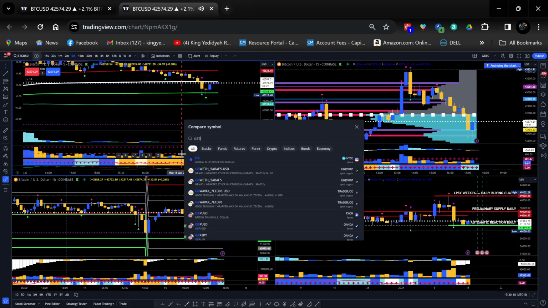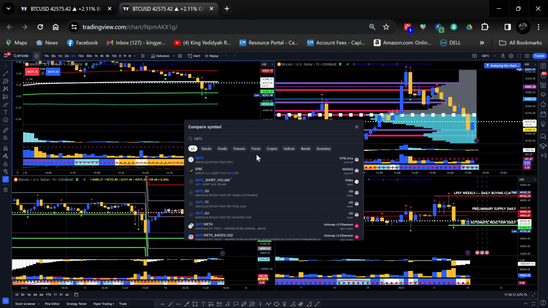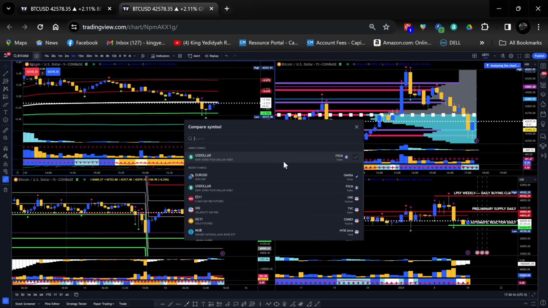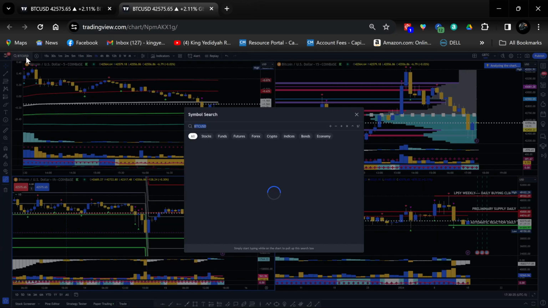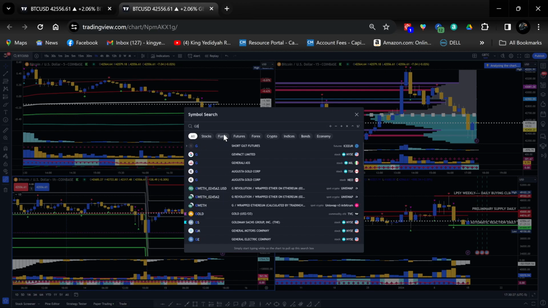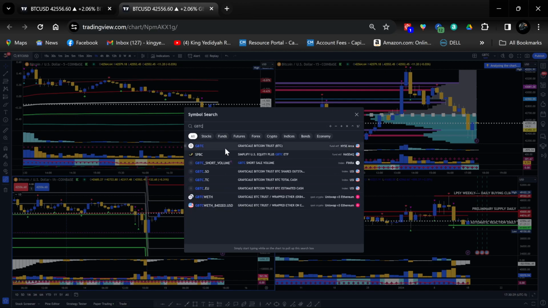So the chart actually goes back further because it's been in existence longer, which is kind of interesting. Then the next one was IBIT, which was the BlackRock ETF.